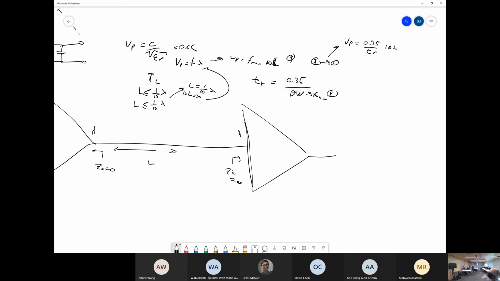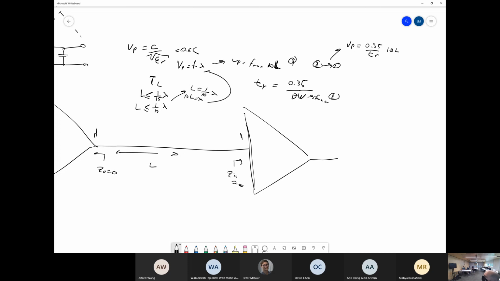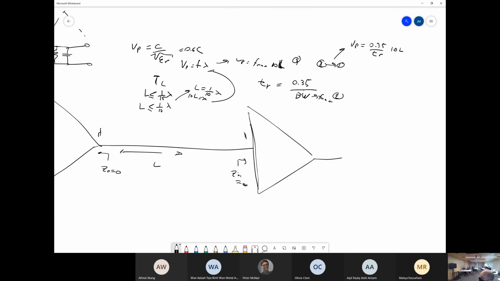Say, for example, you know your propagation speed and your rise time. Let's say it's a 1 nanosecond rise time, and the speed of propagation through the coax is 0.6 times C, the speed of light. You have TR, you have VP, so you can calculate the maximum length before you start to worry about impedance matching.